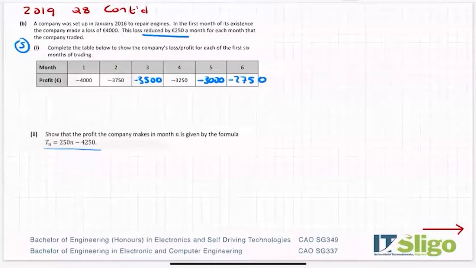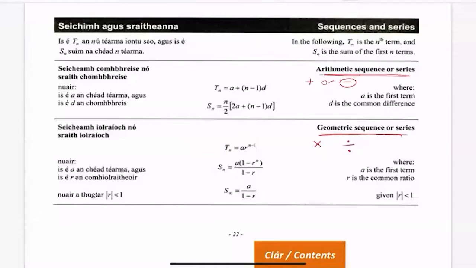It's doable, it's just long and painful. So another way of doing it is to come up with a formula that describes the pattern, and then just sub in 100 for n. That's the Tn formula. It gives you the nth term.